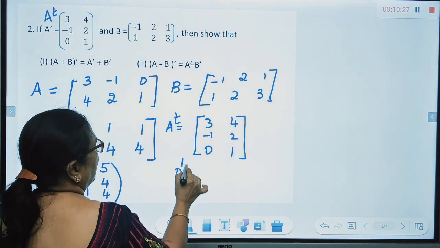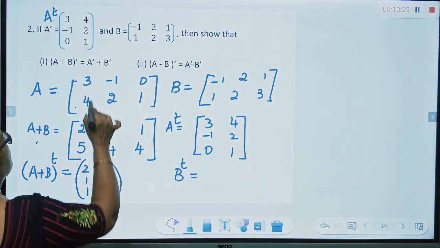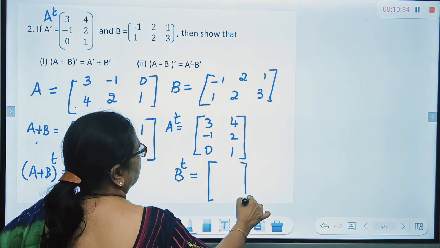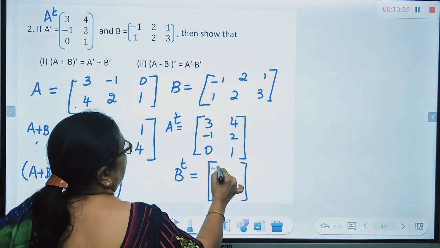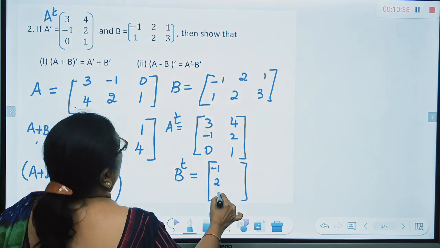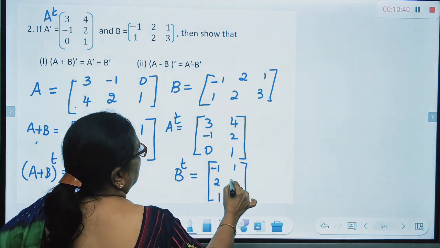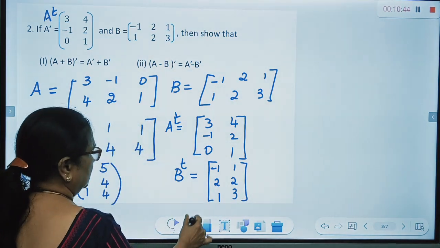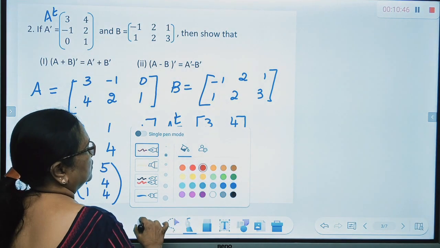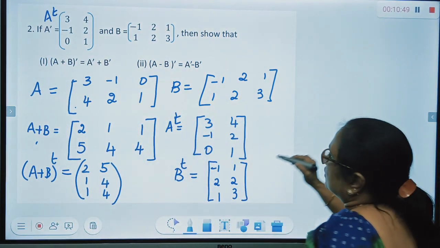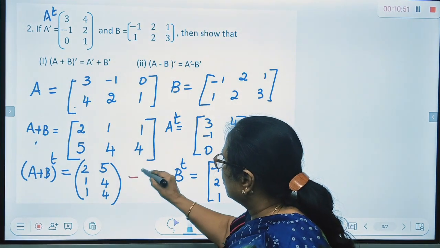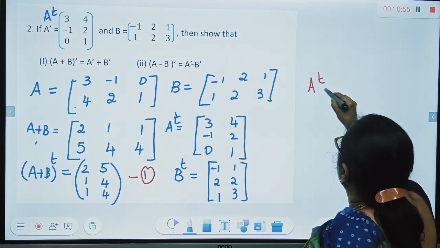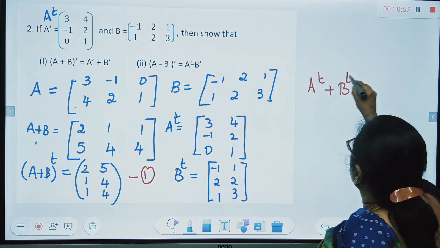Now we have to verify whether it is A transpose plus B transpose. A transpose we have. What is B transpose? B is given, no? B transpose will be -1, 2, 1, 1, 2, 3. So we have (A + B) transpose on one side. Now let us find what is A transpose plus B transpose.